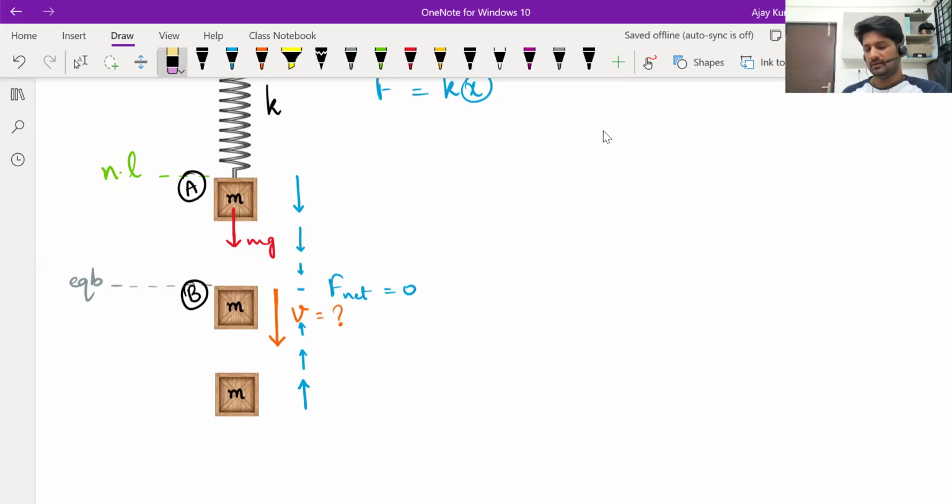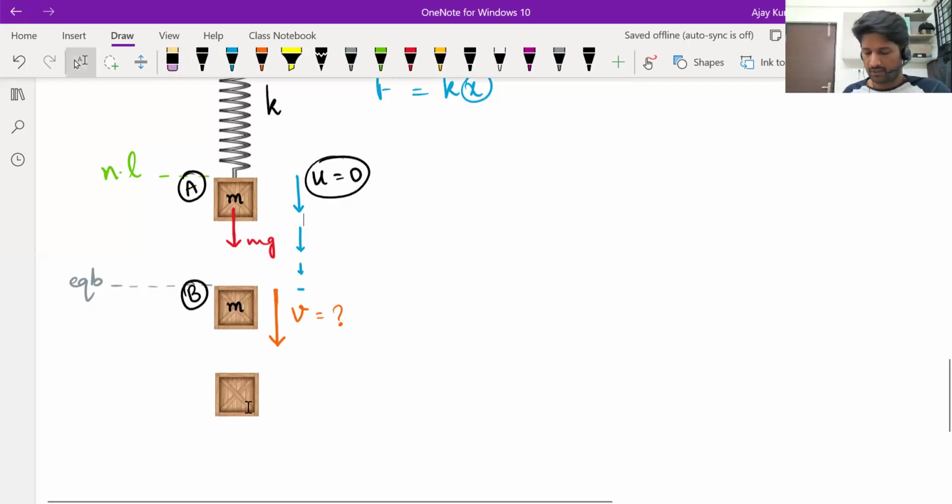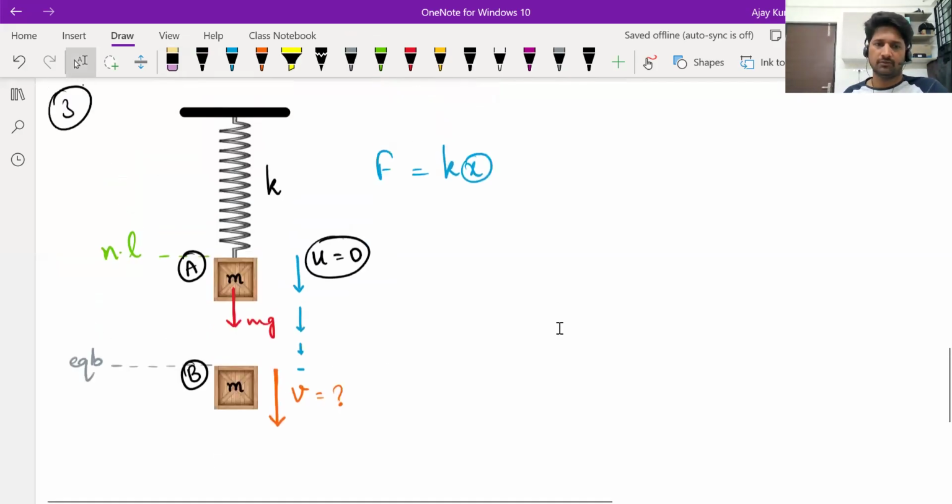I want you all to find out the velocity of the block, like it is released from natural length at rest. When it comes to equilibrium position, when it goes down by some distance, I want you to find out the velocity of the block. Derive an expression for it. I'll give you 3 minutes exactly.